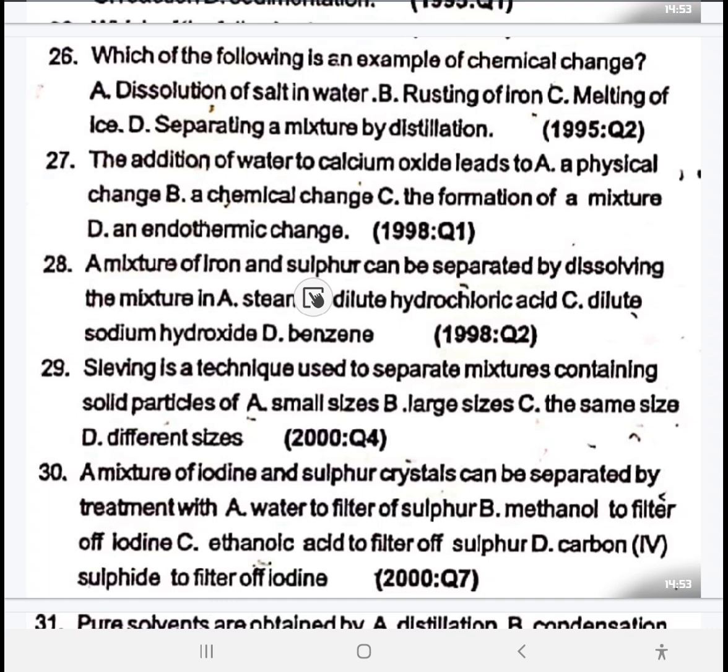First, jot this point down. Iron only reacts with steam at red hot heat. Sulfur does not react with water or steam. Next, iron is not amphoteric and hence does not dissolve in a base.